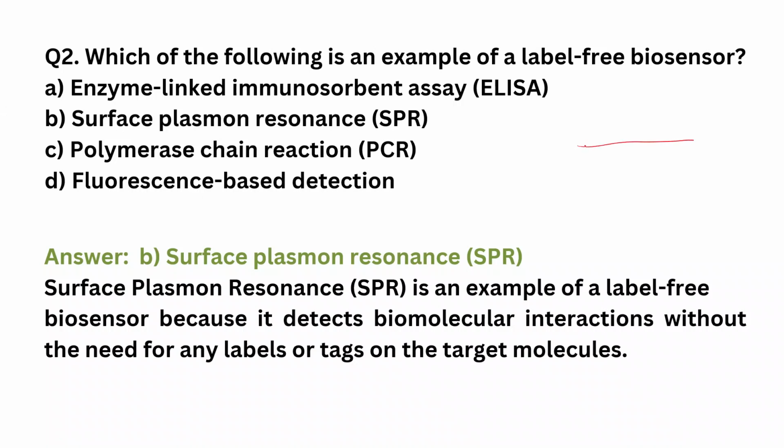SPR usually has a prism, and you shine light, a laser basically, of a defined wavelength. Here the prism is coated with gold, around 50 nanometers, and you coat antibodies.